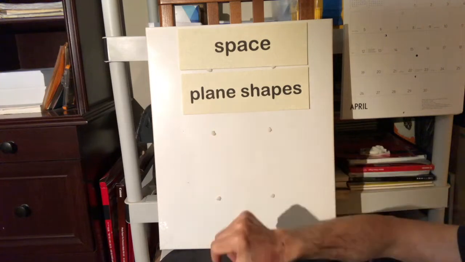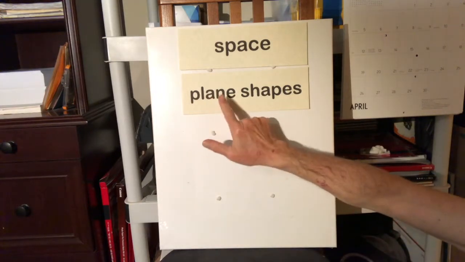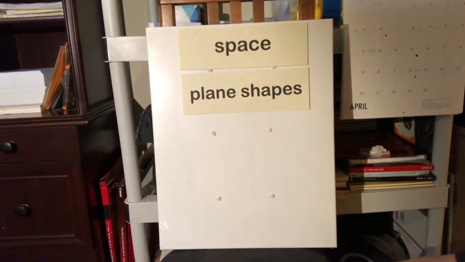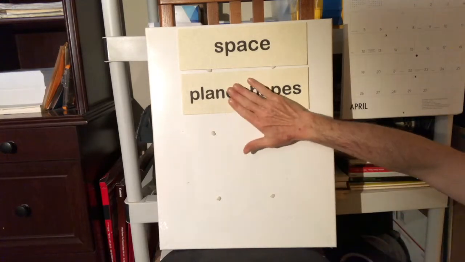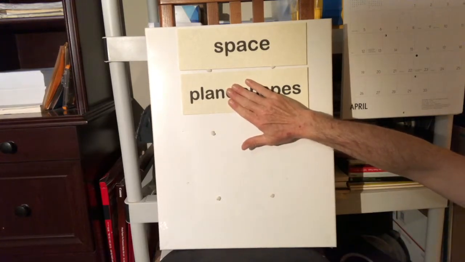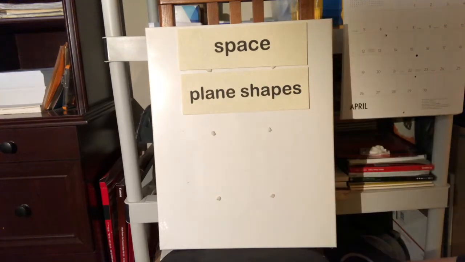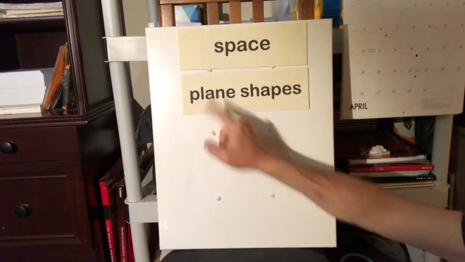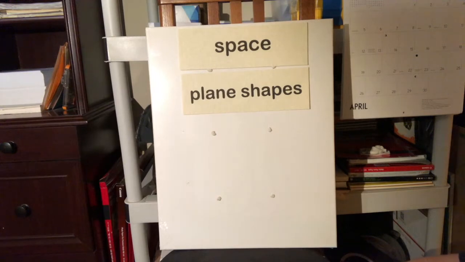Silent E makes it say A. Plane. If I take off that silent E, it says plan. Now it says plane. The silent E tells the A to be long. It says A.